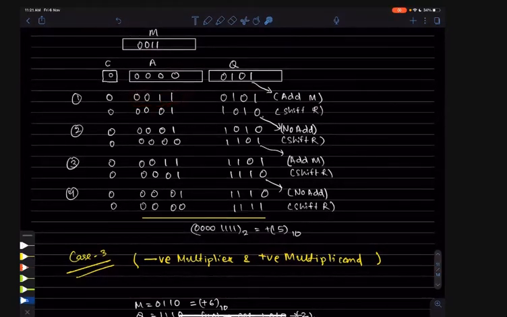Should I do it step by step again, or you will be fine? Just check this bit, add or no add, then shift right. Then again check the last bit and see what operation to be performed, add or no add, and then shift right. You have to do this 4 times for a 4-bit number.